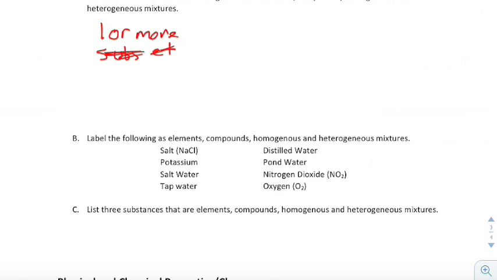Elements isn't a great term, but that's really all we can say at this point. So does it have one or more thing on the periodic table? If yes, congratulations, it is an element.